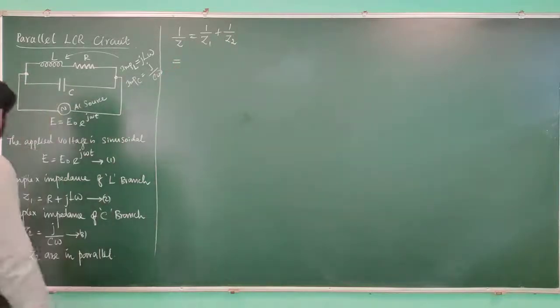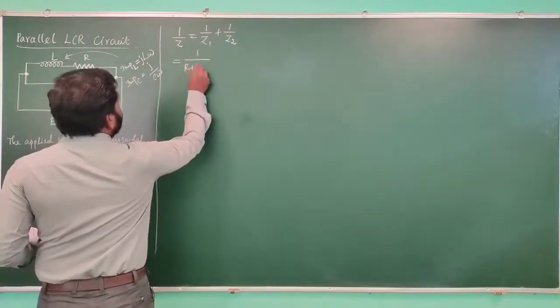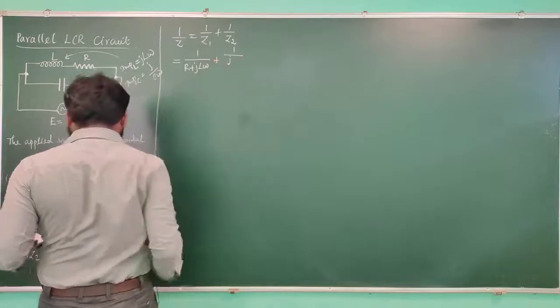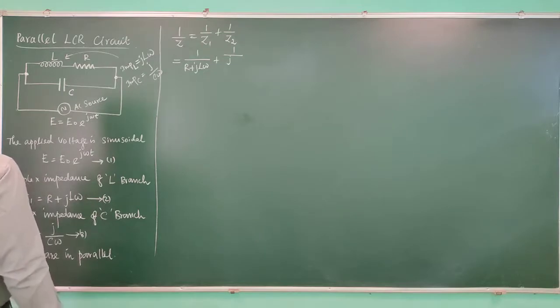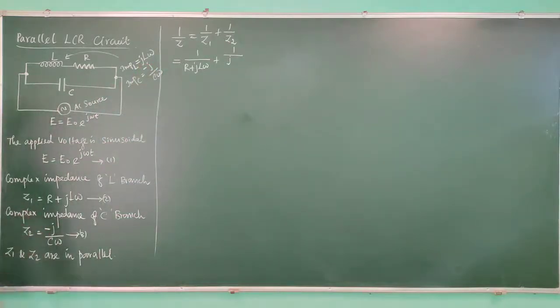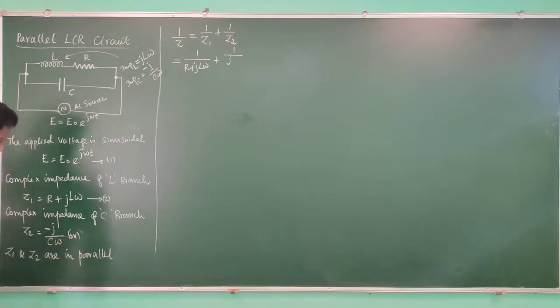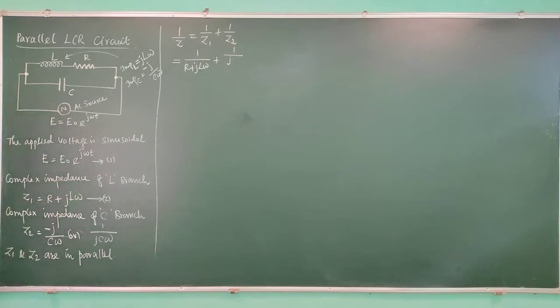So we can write 1 by R plus j L omega, plus 1 by Z2, which is, this is minus actually, 1 by j C omega.